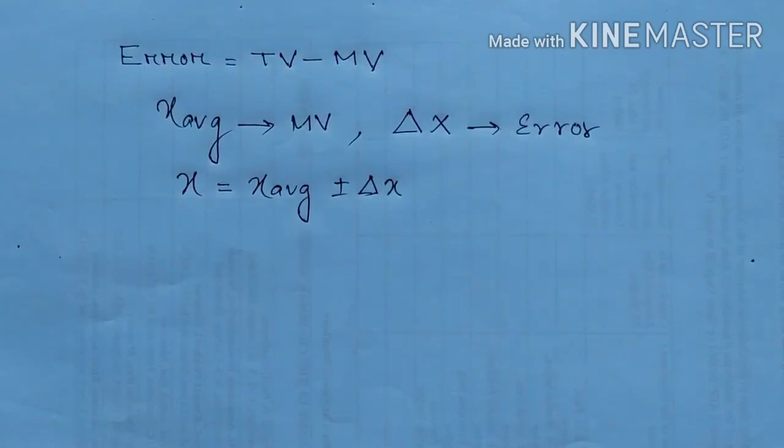Because we have seen that error can be either positive or negative. Therefore, we put a plus minus sign.